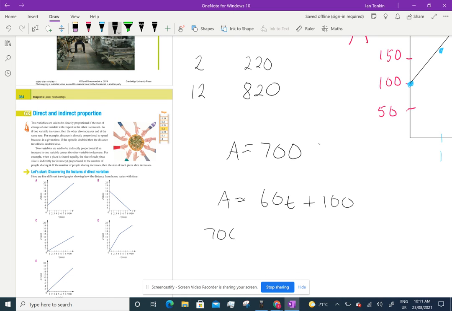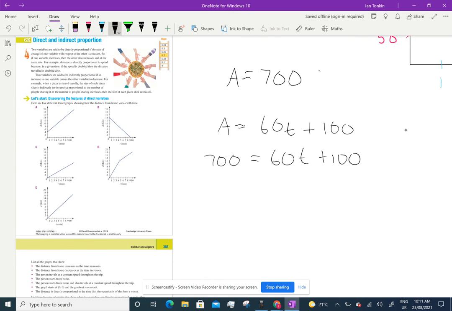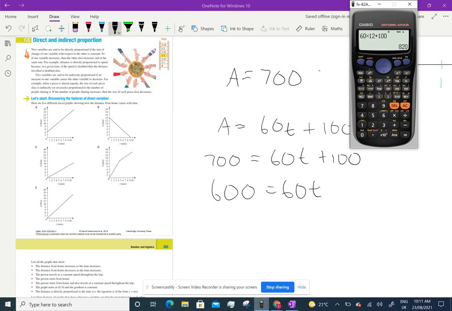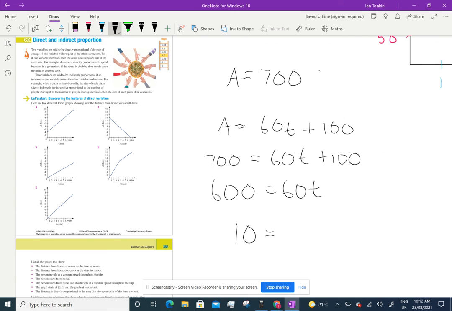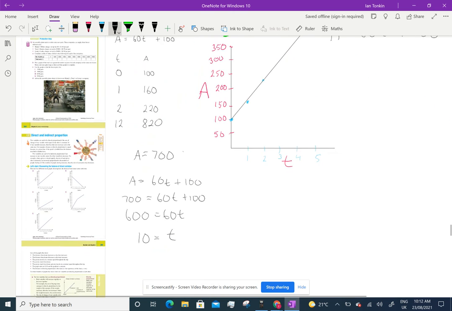So 700 equals 60t plus 100, minus 100. Oh, so 600 equals 60t. Divide by the 60. So 600 divided by 60, 10. So if the architect earned $700, she worked for 10 hours, $100 for the initial consultation.